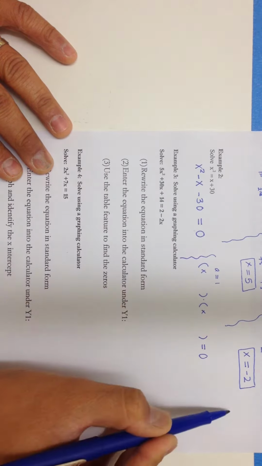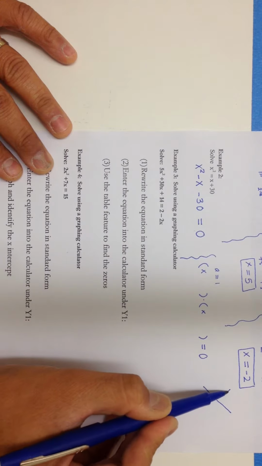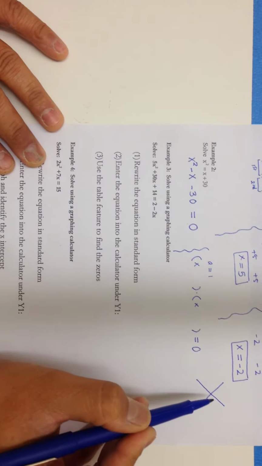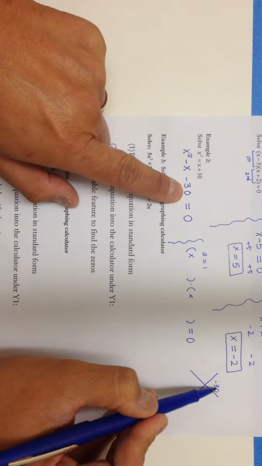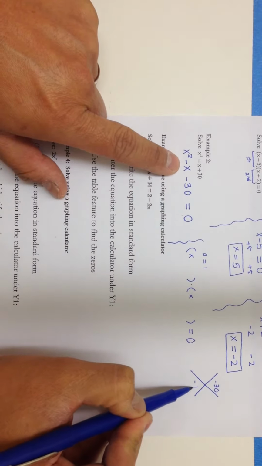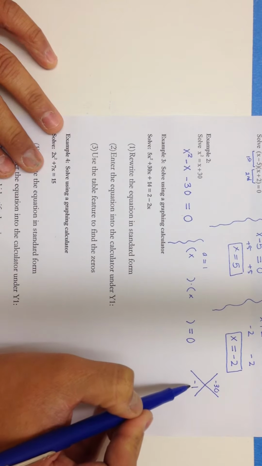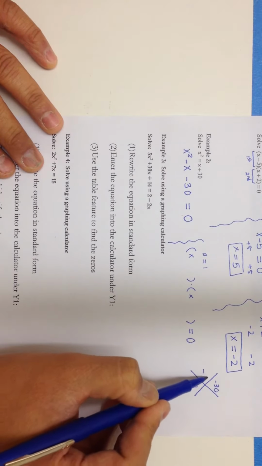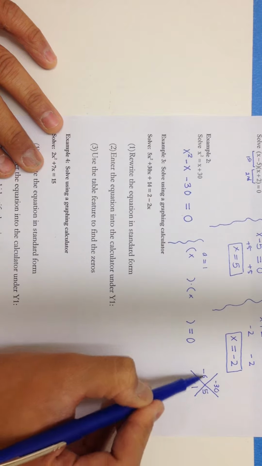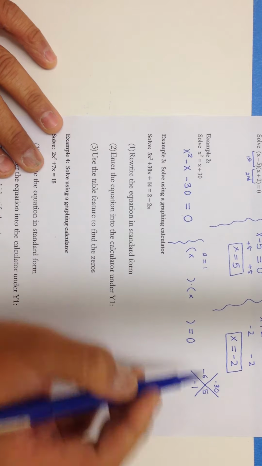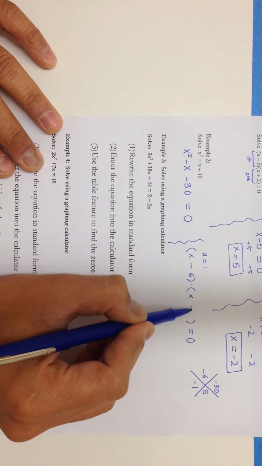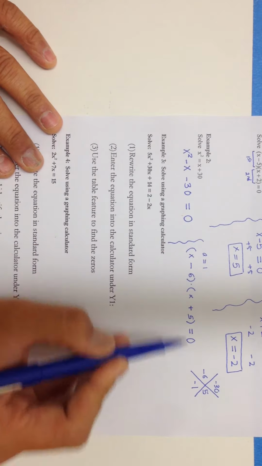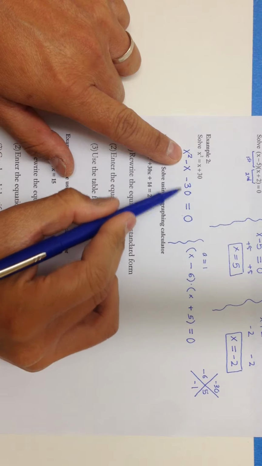By figuring out the two numbers whose product is negative 30 and when added together is negative 1. A bit of searching will help us realize that negative 6 and 5 will do the trick. So we insert negative 6 and we insert 5 in there, which means that we have factored this trinomial.